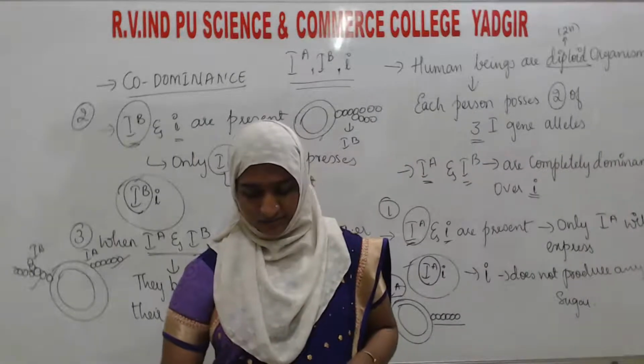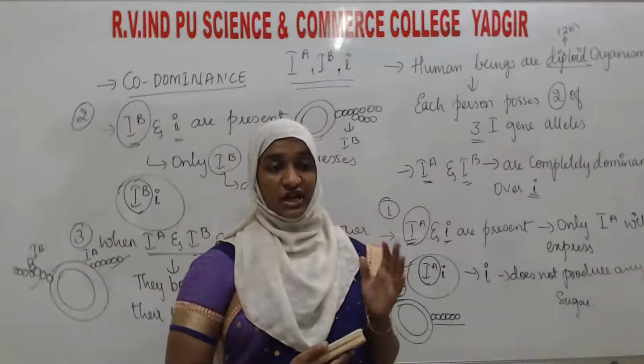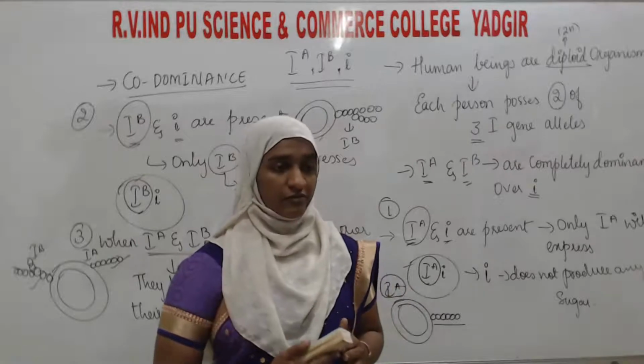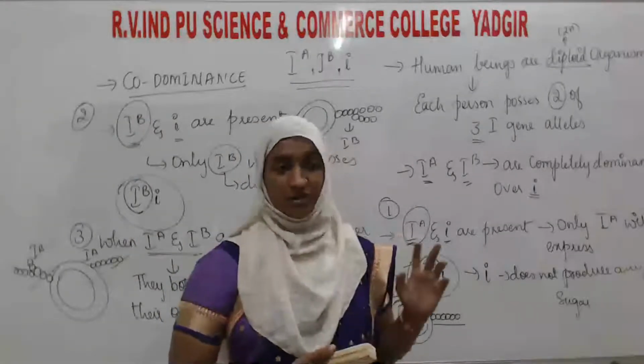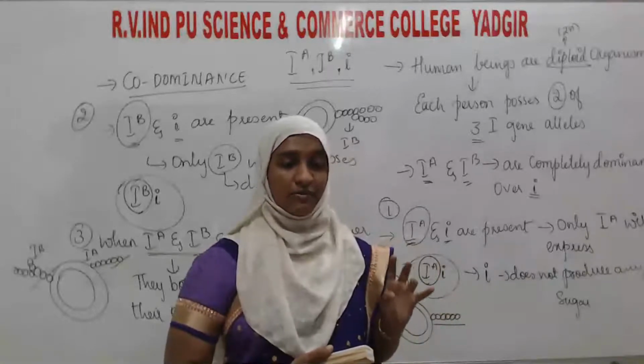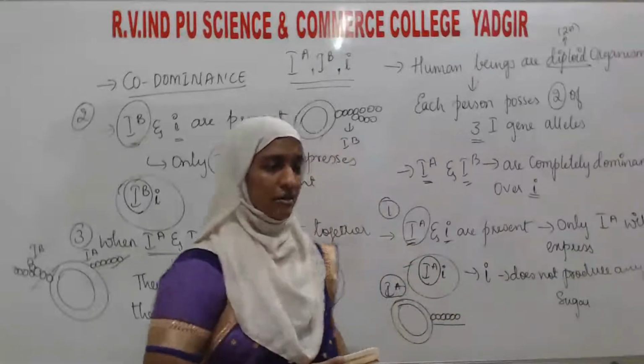Next, RBC which have both A and B types of sugar. What happens? There are three different alleles. Already I told you: IA, IB and small i. Let's see about that one.